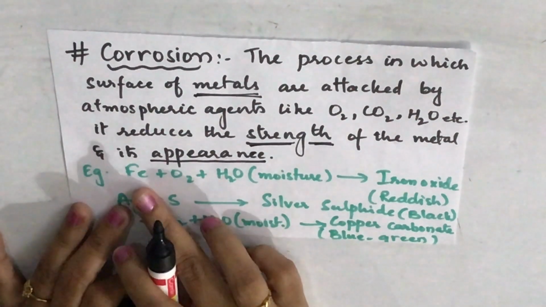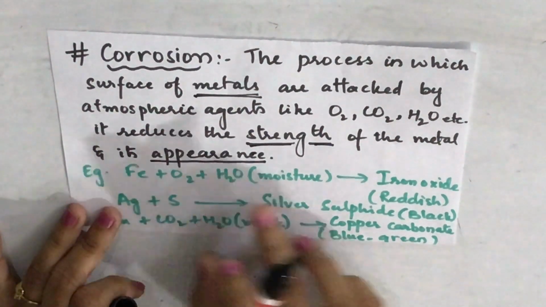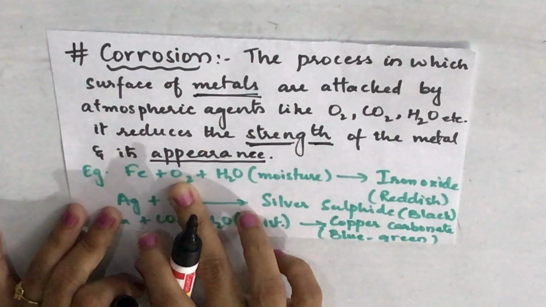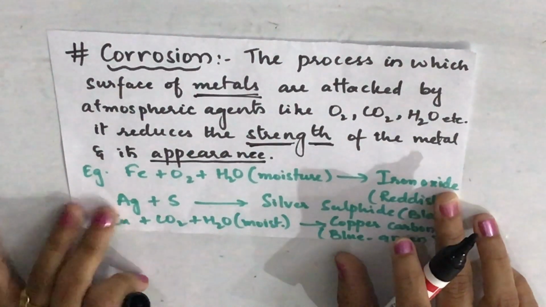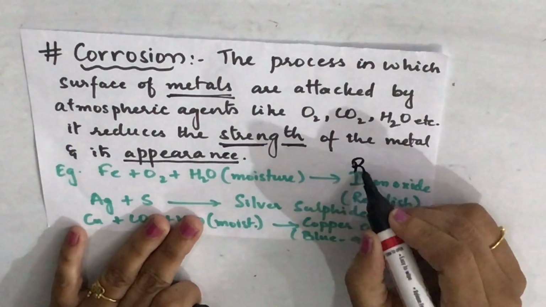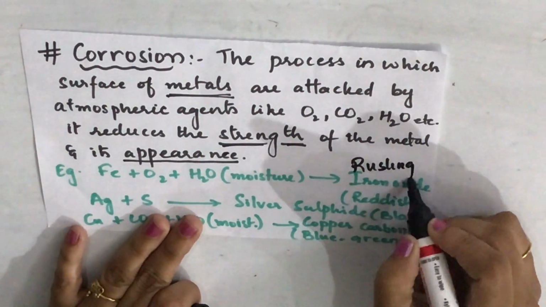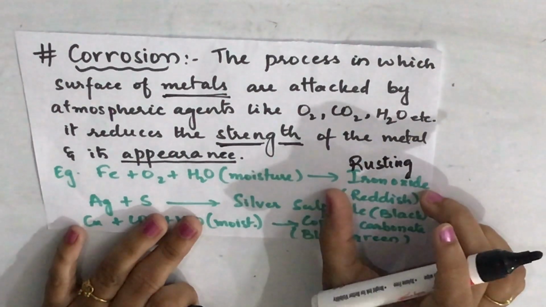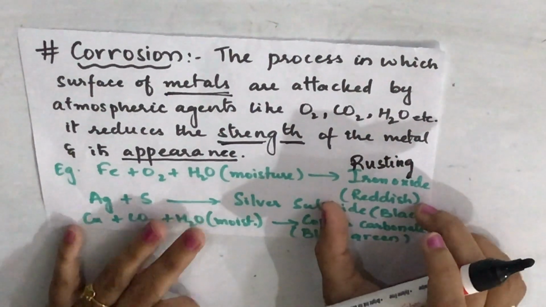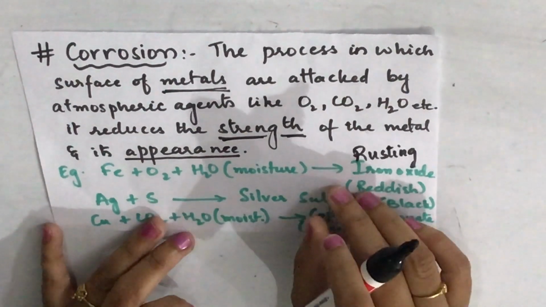For example, an iron nail, when it reacts with the atmospheric oxygen and moisture, becomes iron oxide. Now this process is called rusting, and the compound formed is iron oxide, which is reddish in color.